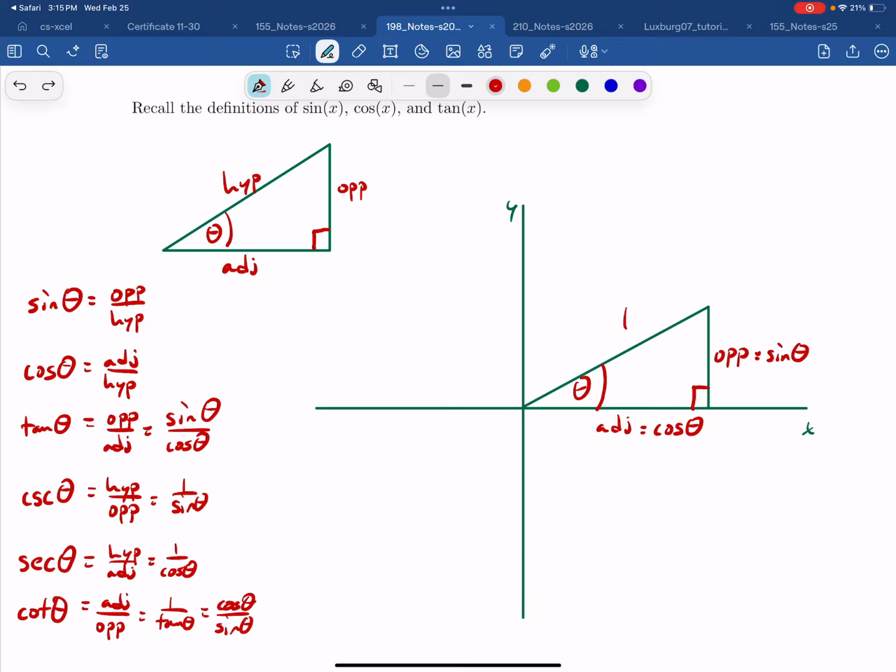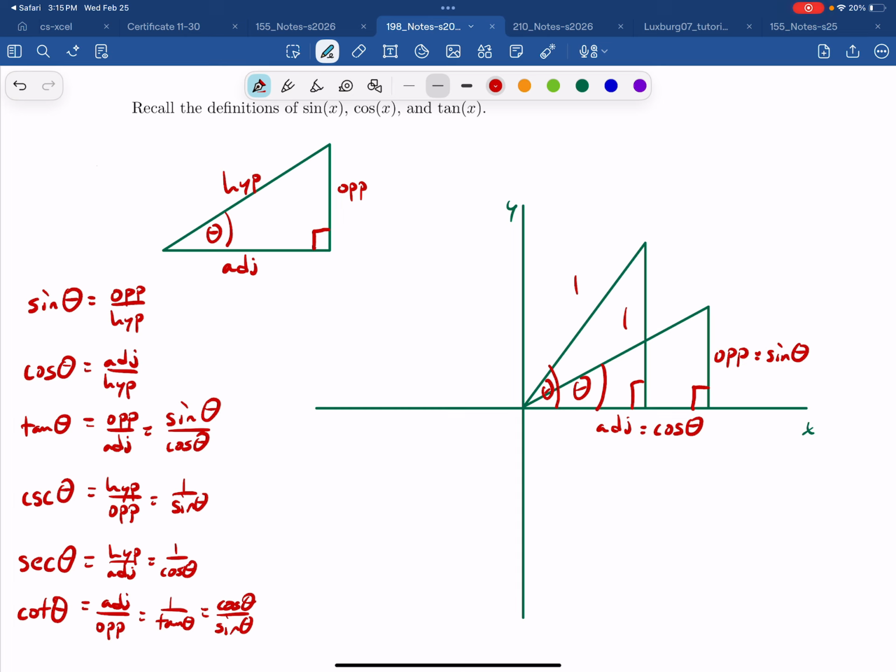Now, this was an arbitrary triangle. I could have created this one as well, with hypotenuse length 1, considered that right triangle, considered this angle, and done the same thing.